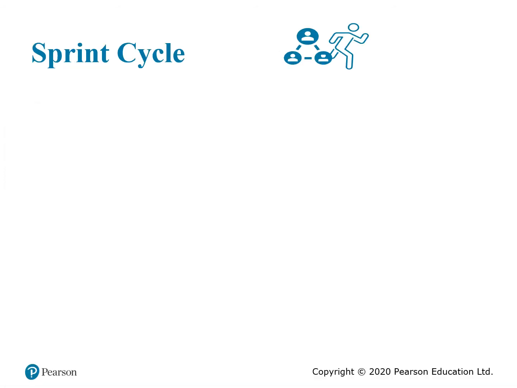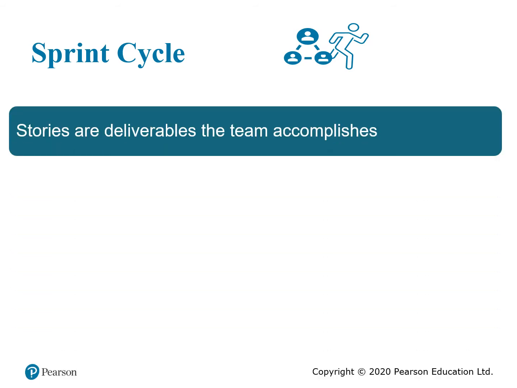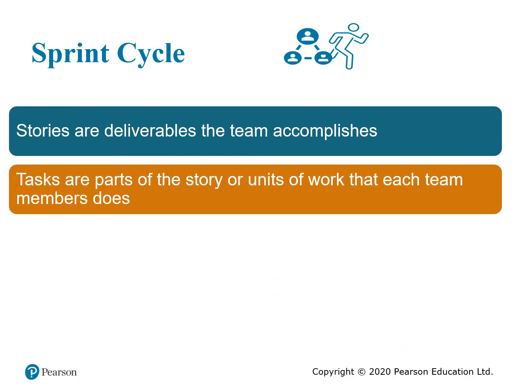Okay, so the second one is the sprint cycle. Sprint cycle stories are deliverables with the team completions, and tasks are part of the story, or a unit of the work that each team member does.